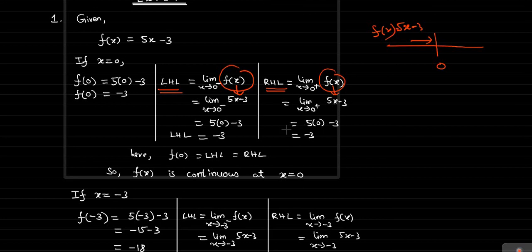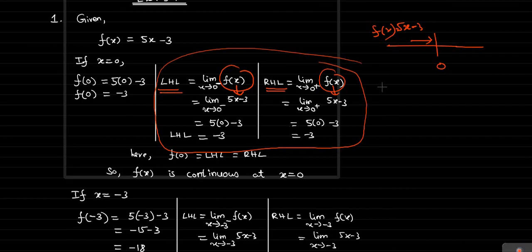So when we are using the same function for the left-hand limit and right-hand limit, it is not compulsory that you work out the left-hand limit and right-hand limit separately. If you want, you can do it this way. Otherwise, all together you can find it, that is limit x approaching 0. If you don't put any minus or plus symbol, it means the left-hand limit and right-hand limit are combined together.